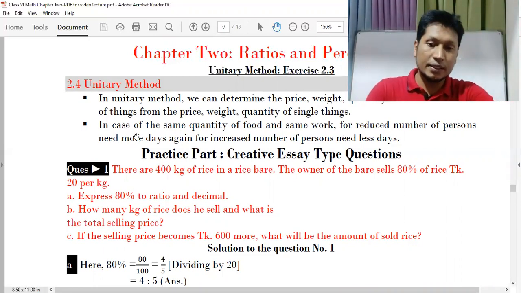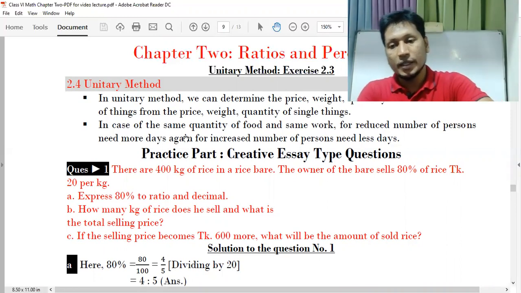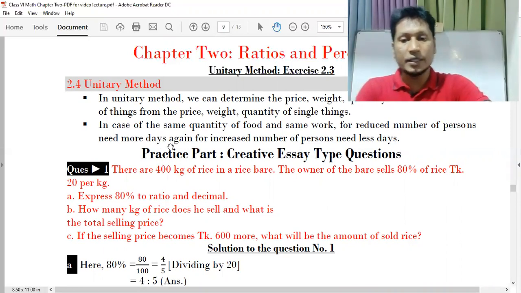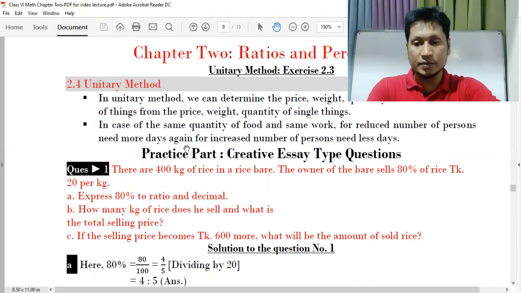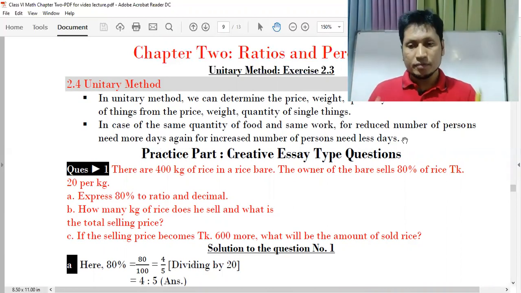And the second case says, in case of the same quantity of food and same work, for a reduced number of persons, more days are needed, and again for an increased number of persons, fewer days are needed. That is, if work is the same and food is fixed, and persons are reduced, then more days can be consumed by the fixed amount of food.